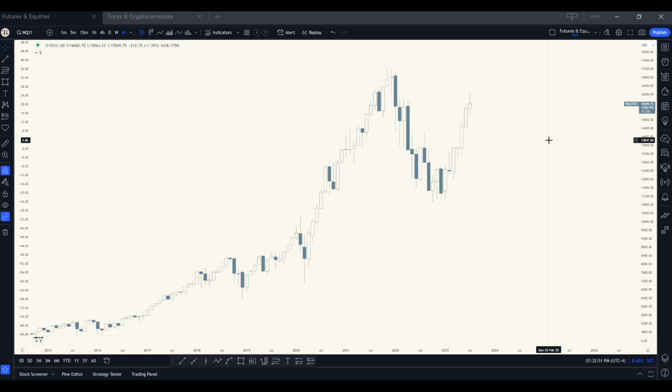Now, of course, the markets don't have energy. But what they do have is liquidity. Liquidity is the fuel for price to move from one place to the other. It requires liquidity, or orders being placed by participants.